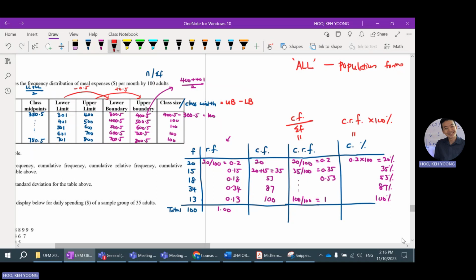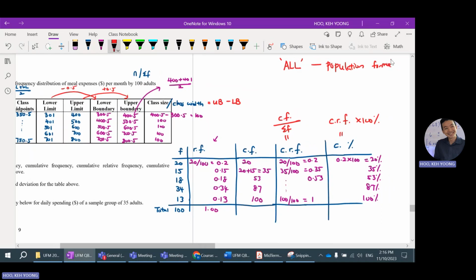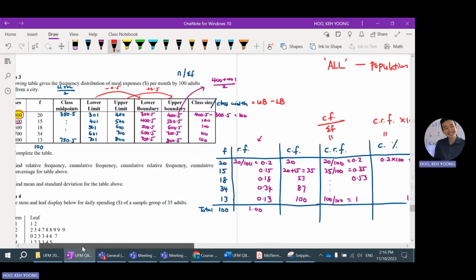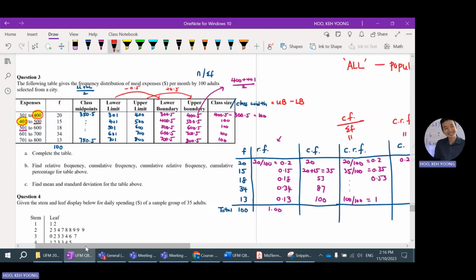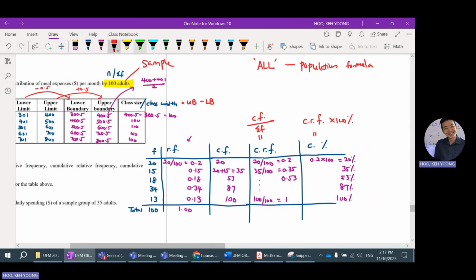If you don't see the word, because sometimes I may not always tell you this is a sample of 100 adults, you still treat it as sample data. You will only treat it as population data when you see the word "all". So put a note there.